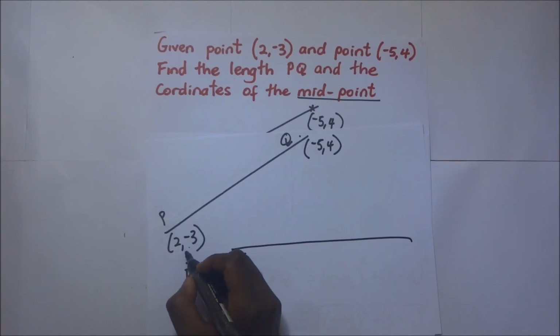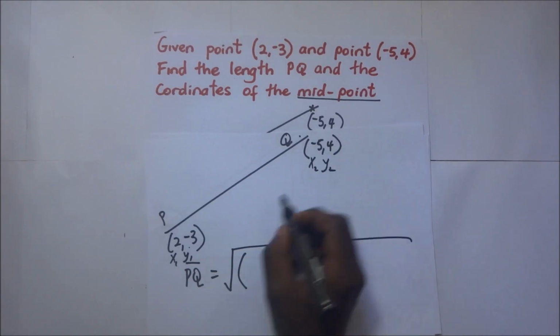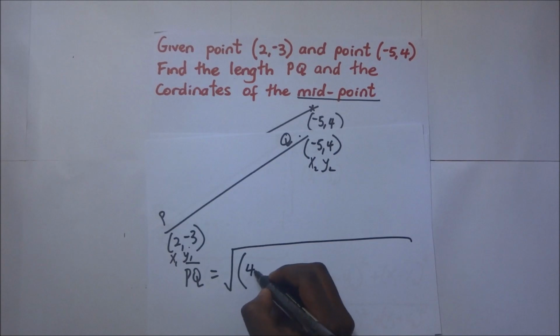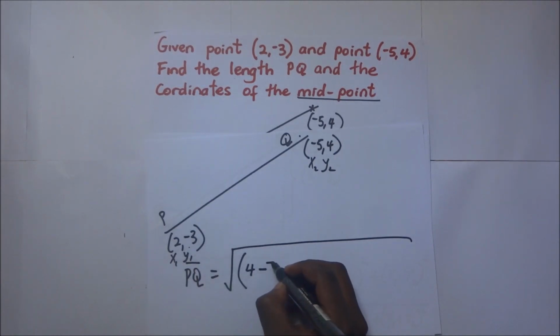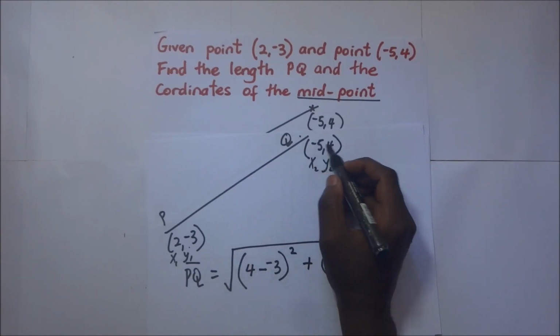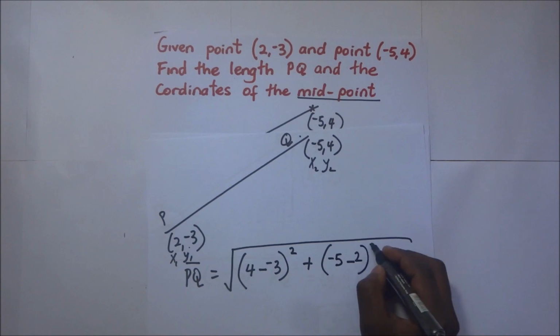Let's call this x1, y1, this is x2, y2. So y2 minus y1 becomes 4 minus -3, this is squared, plus x2, which is -5 minus 2, and this is also squared.